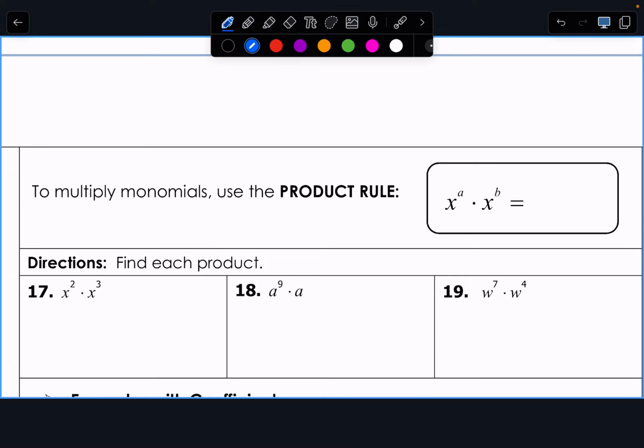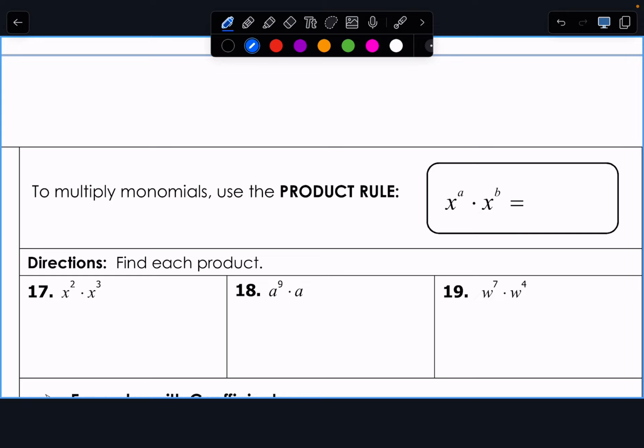Page 2. We're going to talk about, okay, product means multiply, right? What if we multiply two terms, two monomials that both have exponents? So I'm just going to give you a scenario, and you're going to help me figure this out.